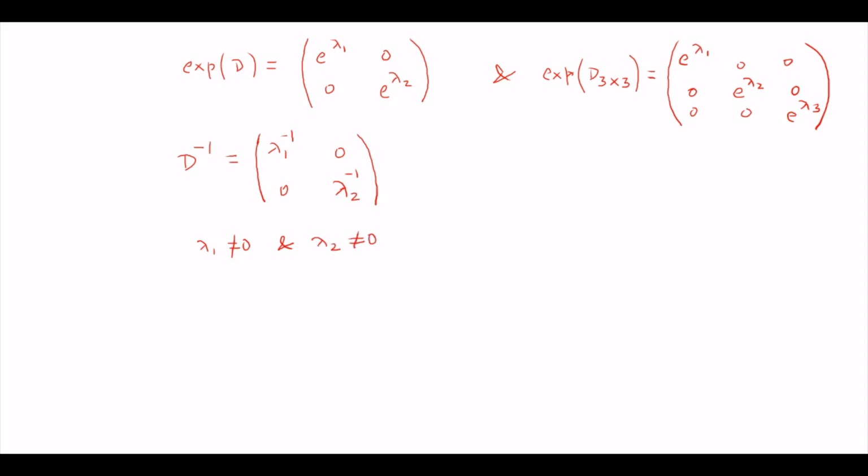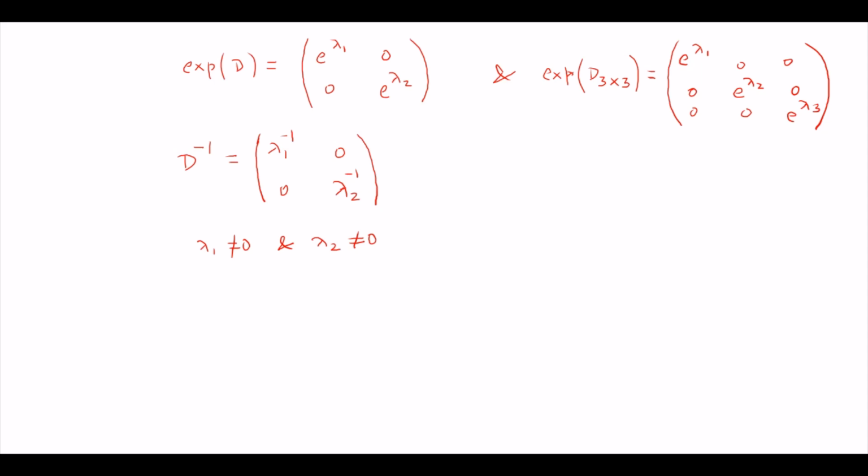Otherwise, the inverse cannot exist. If lambda 1 equals 0 or even lambda 2 equals 0, then this matrix will become a singular matrix, and the inverse will not exist. So this condition it should satisfy. Similarly, you can extend for 3 by 3 matrices also.